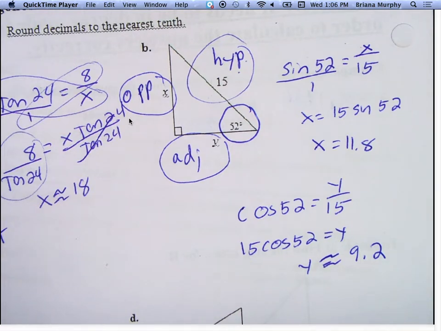So pick up your pencil, put it on C, try C and D. Make sure you label the sides first, opposite, adjacent, hypotenuse. And decide what letter you're solving.